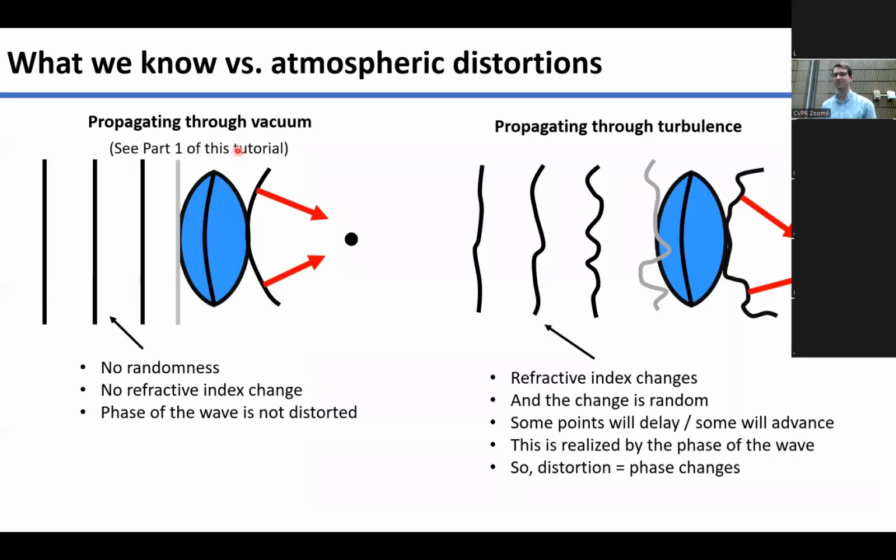Everything we've talked about so far has basically assumed that we have a plane wave hitting our imaging system, like a plane wave propagating through a vacuum. In a vacuum, there's no randomness, there's no refractive index change, and the phases of the wavefront are not distorted.